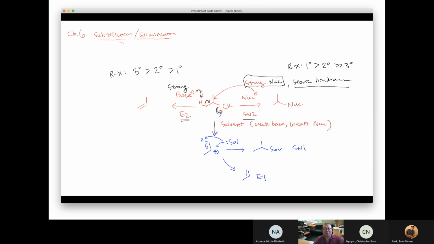So even though it's a secondary alkyl halide, if your reagent is a strong nucleophile, not a strong base, then you will most likely get SN2 reactions. Even though it's a secondary alkyl halide, if you get a reagent that is predominantly basic, non-nucleophilic, then you will get the E2 elimination reactions. So you can narrow the choices further by the nature of the reagents, not only the alkyl halide.